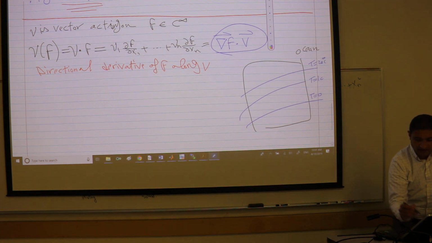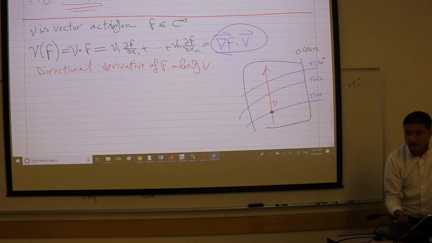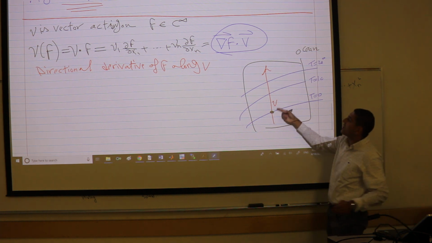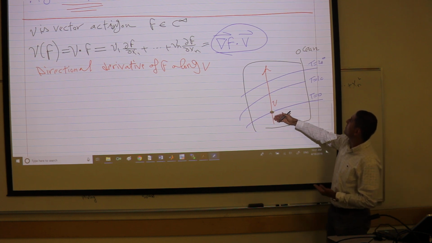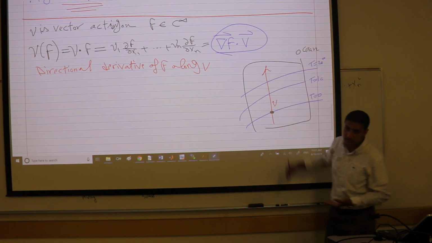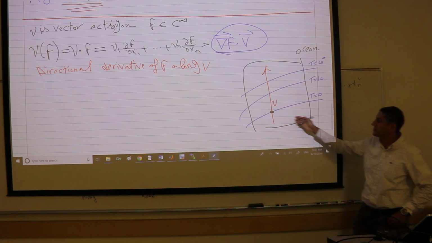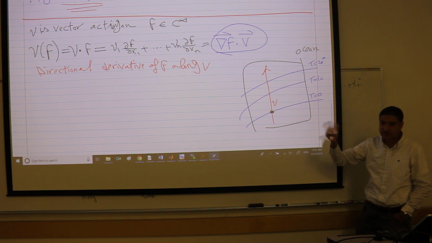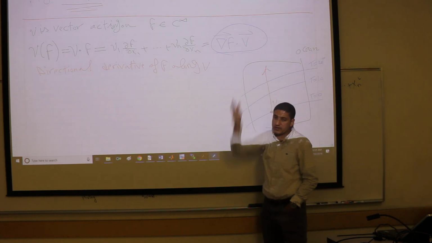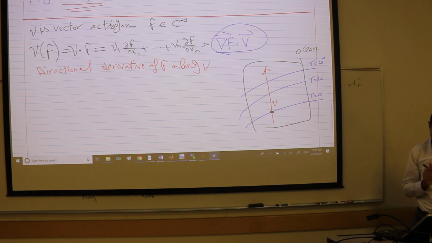And you have a current V. If you have a particle flowing with the current, a very familiar concept in fluid mechanics, it will feel more and more hot. How fast its temperature changes as it flows with that vector, temperature per second, this rate is exactly nabla f dot v.